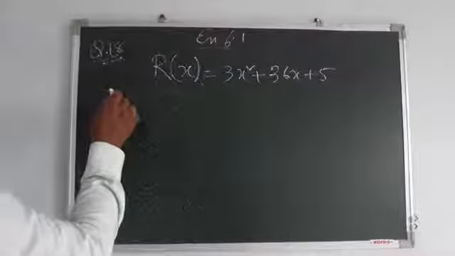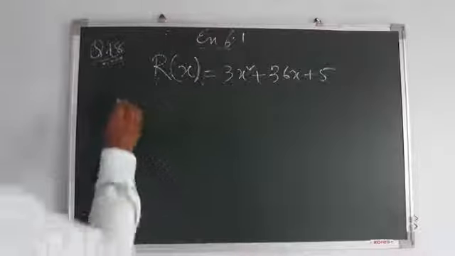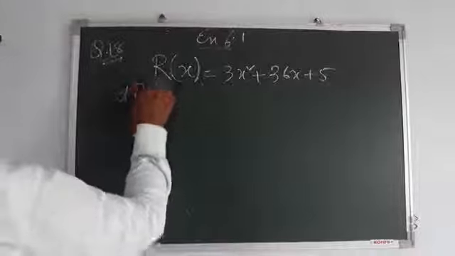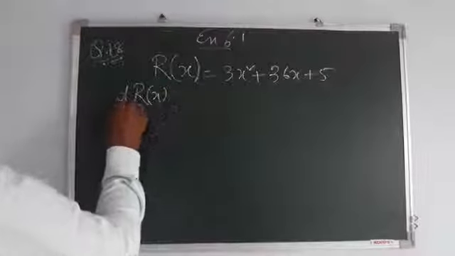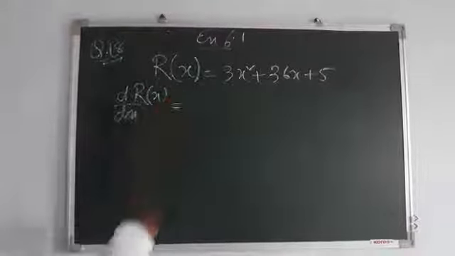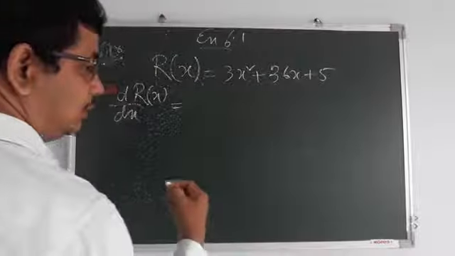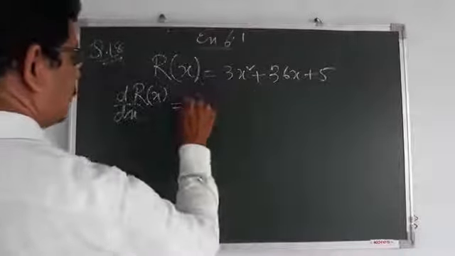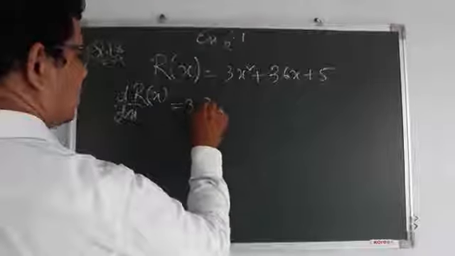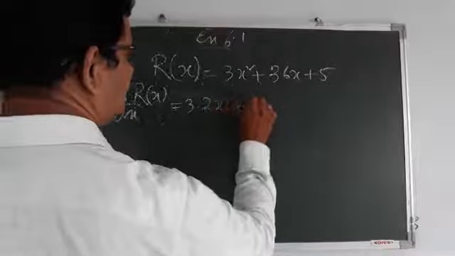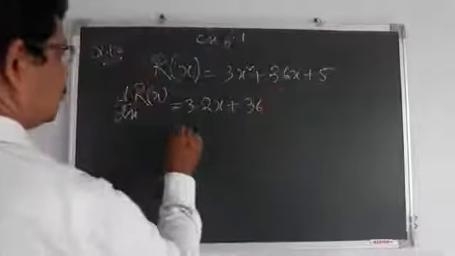Then as we have to find marginal revenue, we have to differentiate this one. Already we know that revenue or cost price, if we differentiate, then we will get that marginal one. Now 3 is constant, will come out. x² differentiation is 2x, 36. Differentiation of x is 1.